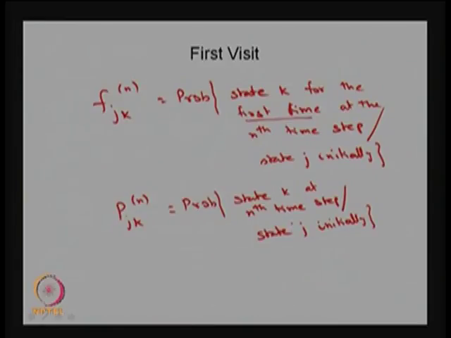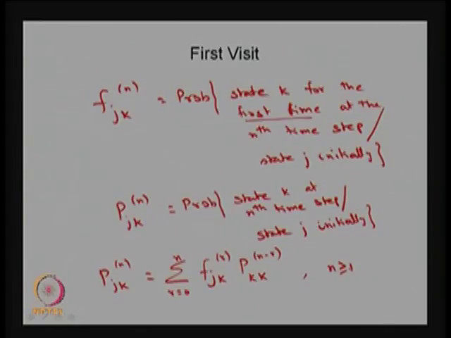I can relate both in the form: p suffix j k superscript n, that is an n step, is the same as the sum of f suffix j k of r steps and p suffix k k of n minus r steps, where r can vary from 0 to n, for n greater than or equal to 1.